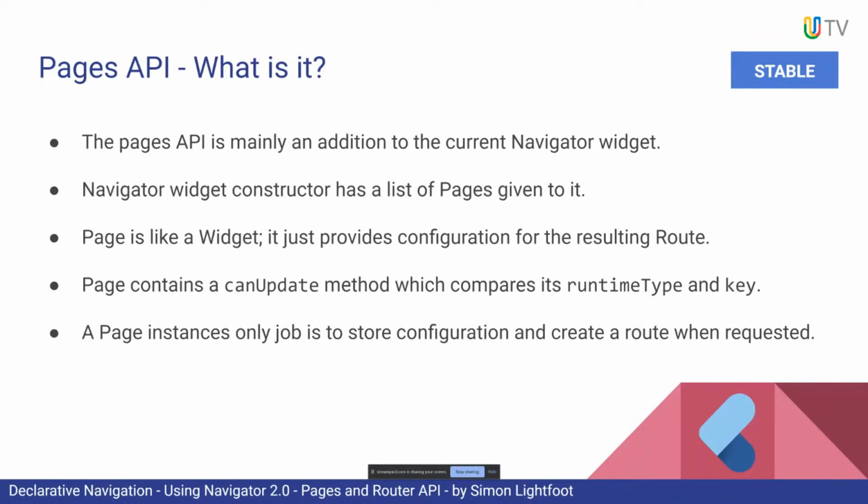Think of it very much like the stateful widget, which has a createState method, so that when it needs to create that widget, it calls createState, which then initializes everything. A page is like that. There's a createRoute where you can initialize that route, provide parameters, and do anything custom that you need to. And that createRoute method is actually called by the Navigator itself.